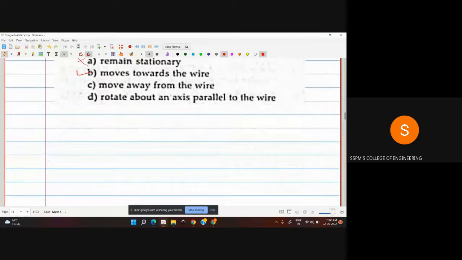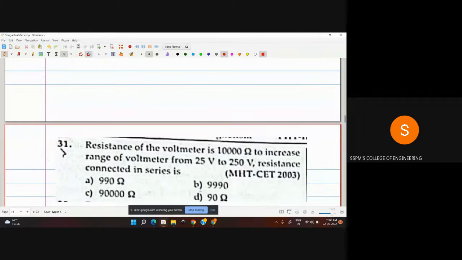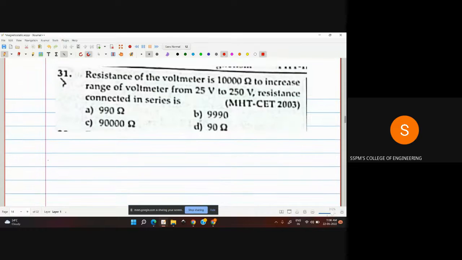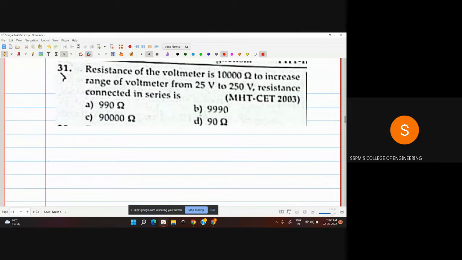The next example: the resistance of the voltmeter is 10,000 ohm. To increase the range of the voltmeter from 25 to 250 volt, the resistance connected in series.